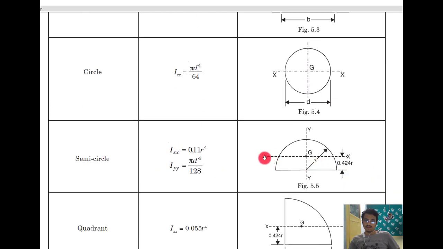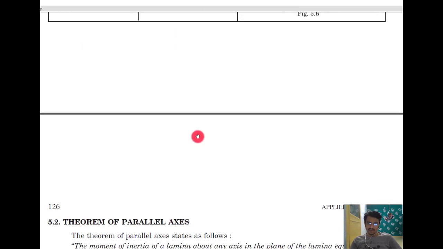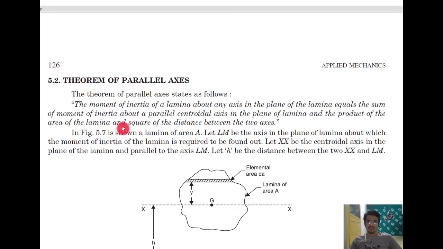For a semicircle, about the centroidal x axis, that will be 0.11 r to the power 4, and about the centroidal y axis, that will be pi d to the power 4 divided by 128. Then for a quadrant of a circle, or quarter circle, about the x axis that will be 0.055 r to the power 4. Again for the centroidal y axis, this formula will remain the same. Next we will see the theorem of parallel axis.